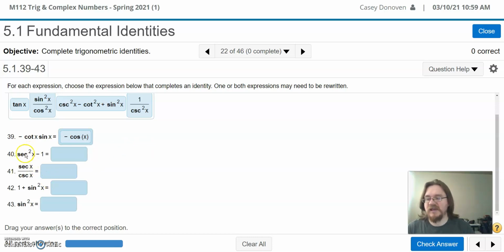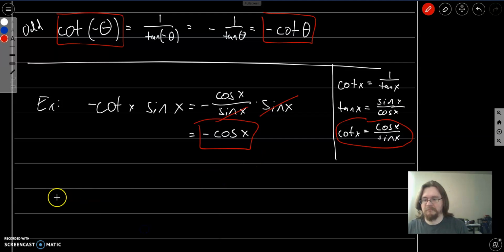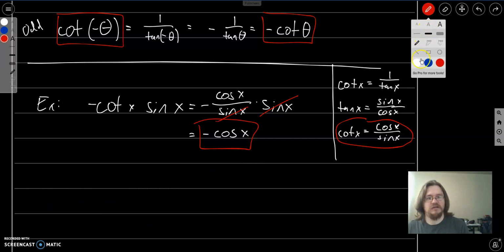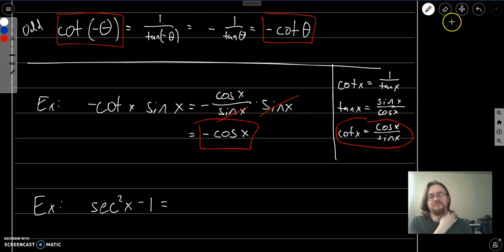So let's look at the next one. I've got secant squared of x minus 1 is equal to something. Okay, so let's write that down. I've got secant squared of x minus 1, and that's going to be equal to something.